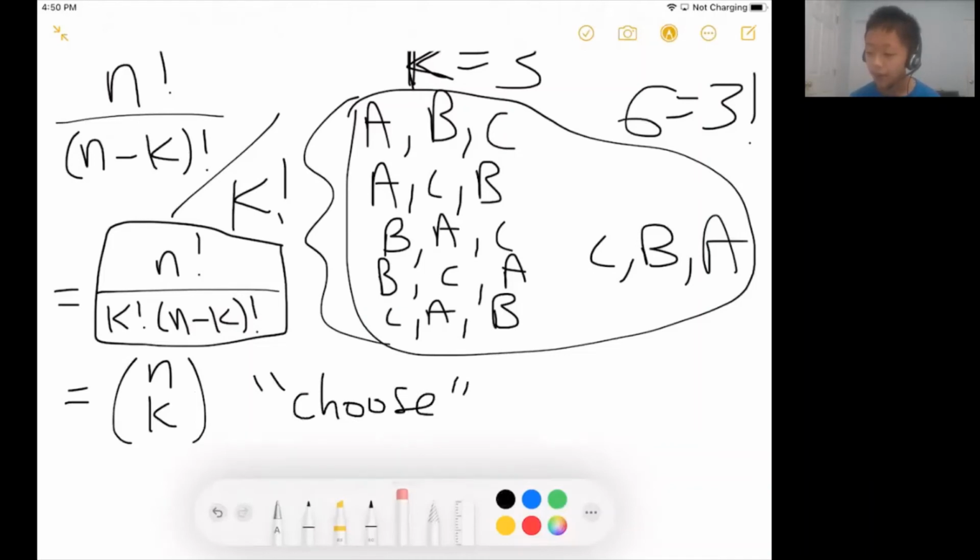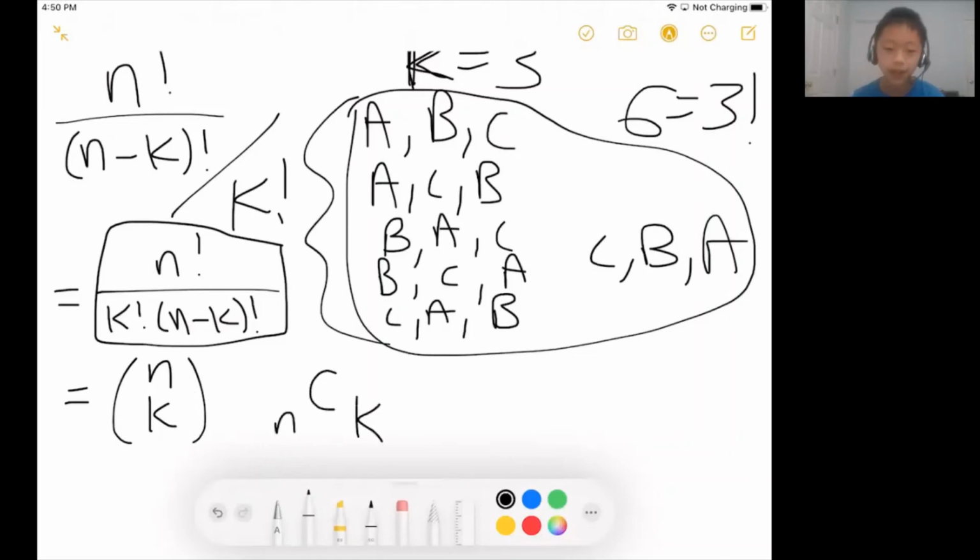This is very important in combinatorics, so you'll probably see this notation n choose k very frequently. Sometimes you might see nCk or something like that. There are many different notations to express the same expression, but most commonly you'll see n choose k with parentheses around it. They're not really parentheses, but you can think of it like that.